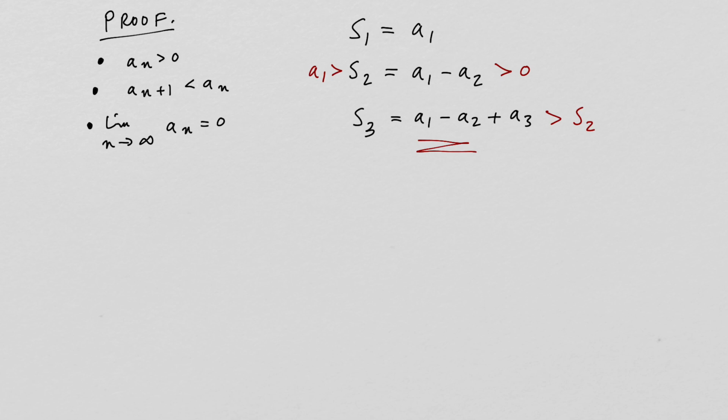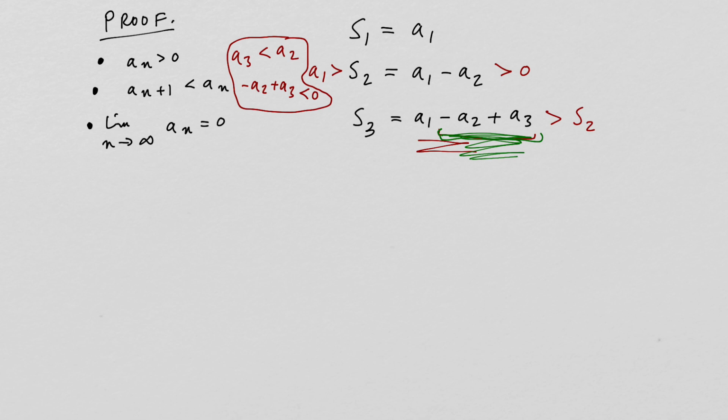But a3 is less than a2, so minus a2 plus a3 is a negative number. So the third partial sum is less than a1, that is, less than the first partial sum.